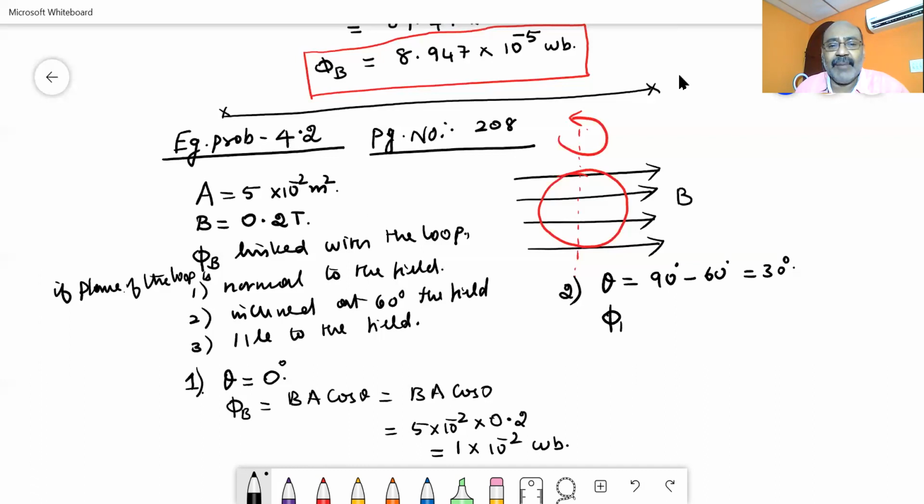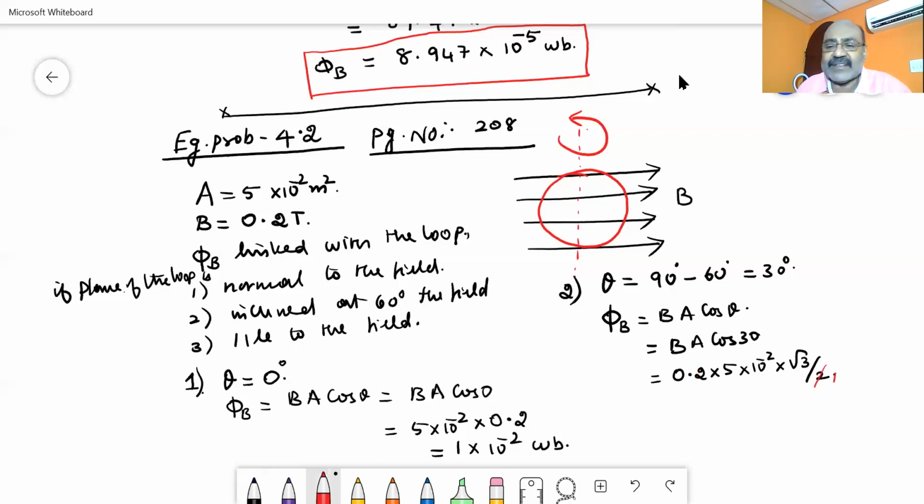Flux linked phi B is equal to B into A into cos theta, so B into A into cos 30, with B as 0.2, A as 5 into 10 to the power of minus 2, and cos 30 as root 3 divided by 2. On simplifying, you get 5 root 3 into 10 power minus 3 Weber.